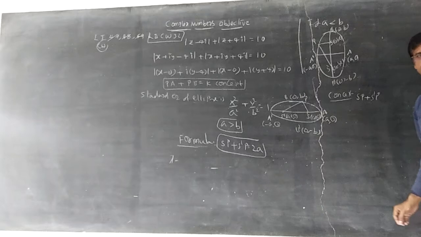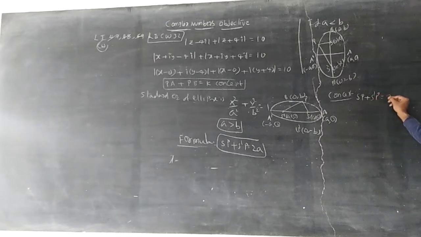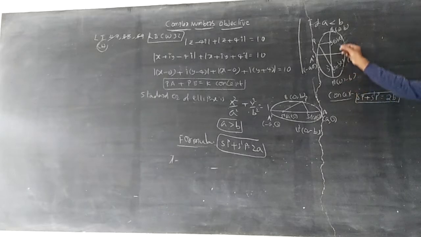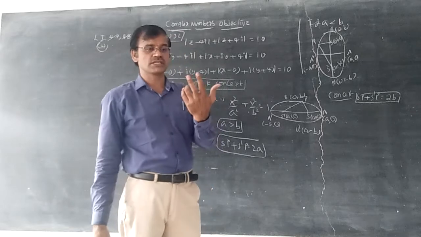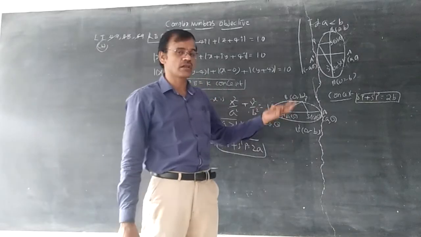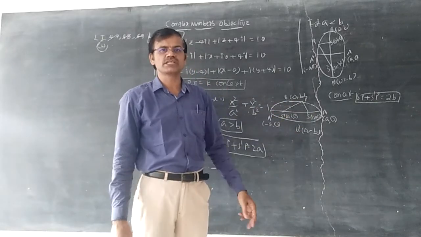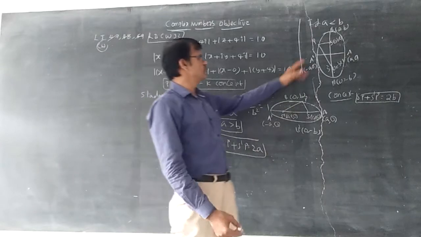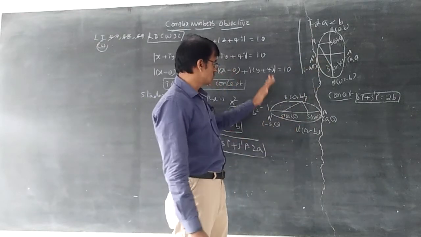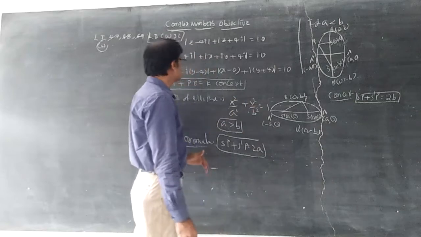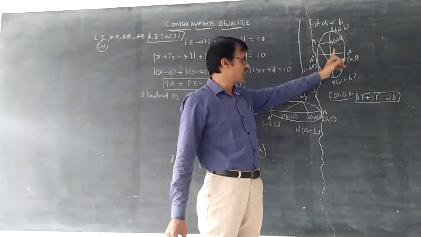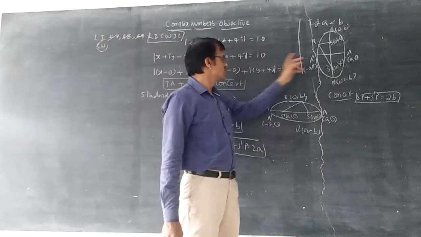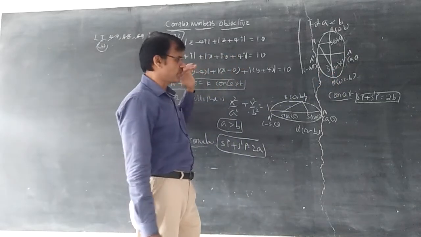SP plus S dash P is equal to 2B, because here it was 2A and here it is 2B. The sum of distances from two fixed points always depends upon the major axis length. Here 2B is the major axis, whereas before 2A was the major axis. This is the first point and this is the second point.